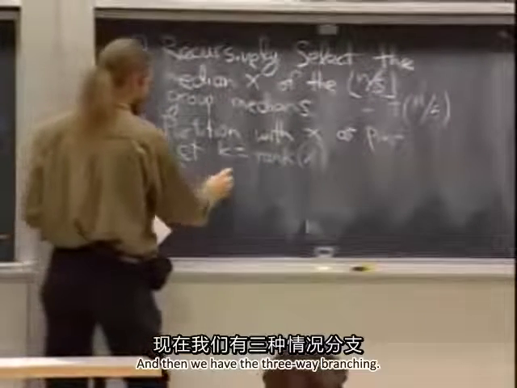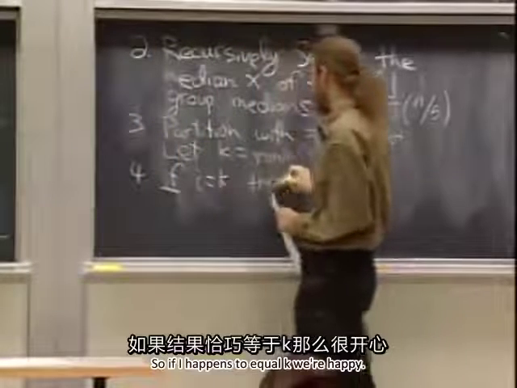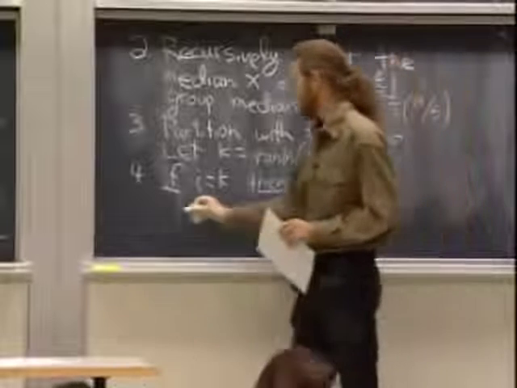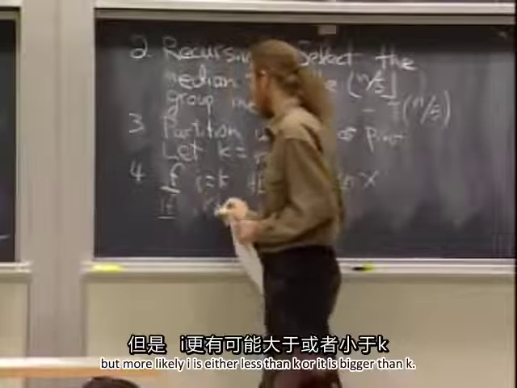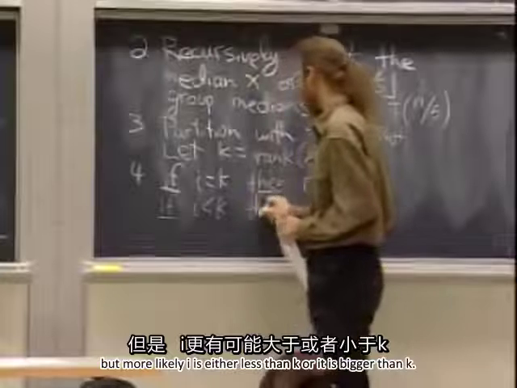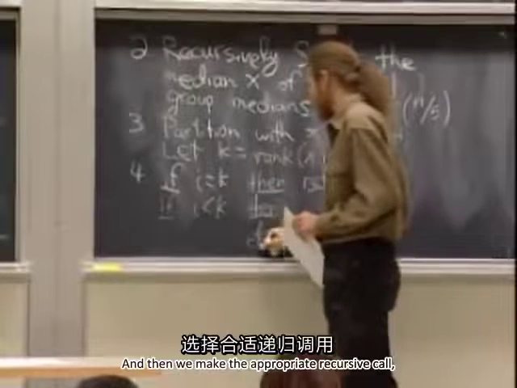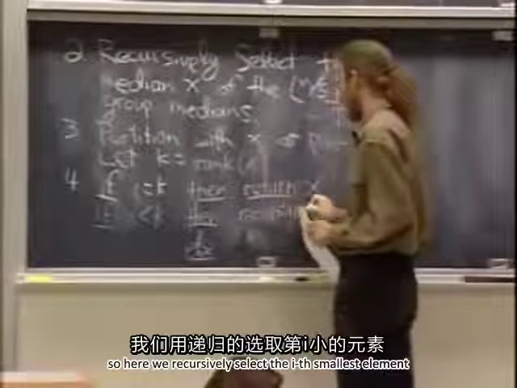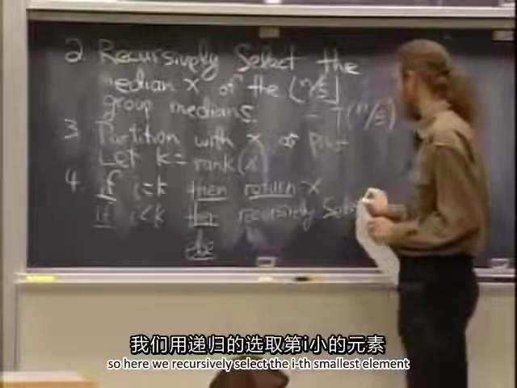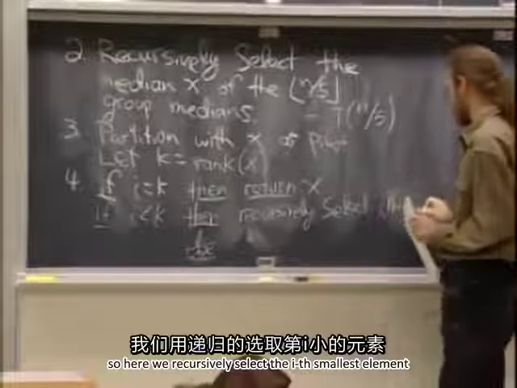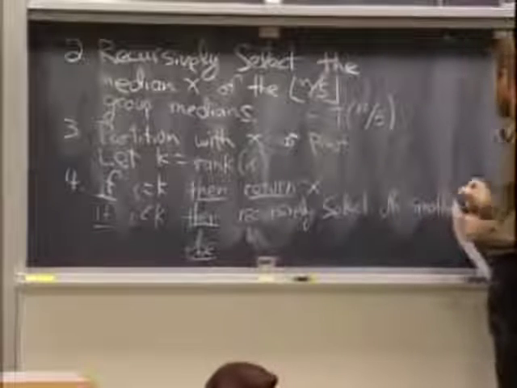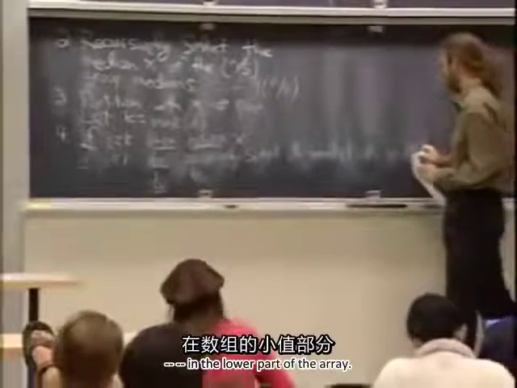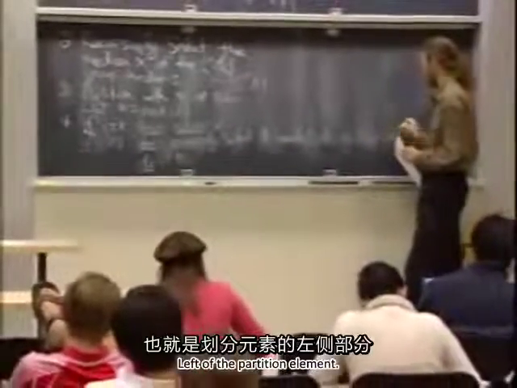And then we have the 3-way branching. So if i happens to equal k, we're happy. The pivot element is the element we're looking for. But more likely, i is either less than k or it's bigger than k. And then we just make the appropriate recursive call. So here we recursively select the ith smallest element in the lower part of the array, so left of the partition element.